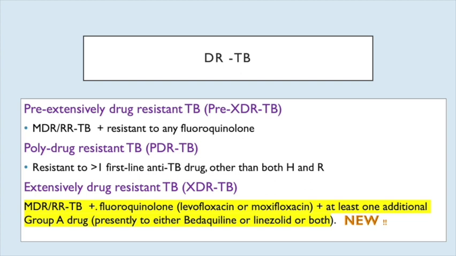What is a pre-extensive drug-resistant TB patient, or pre-XDR patient? If a patient has rifampicin resistance either solely or as MDR TB, and in addition to that has resistance to fluoroquinolone, then there is a chance that this patient might develop XDR. So if fluoroquinolone gets added, then it becomes pre-XDR.